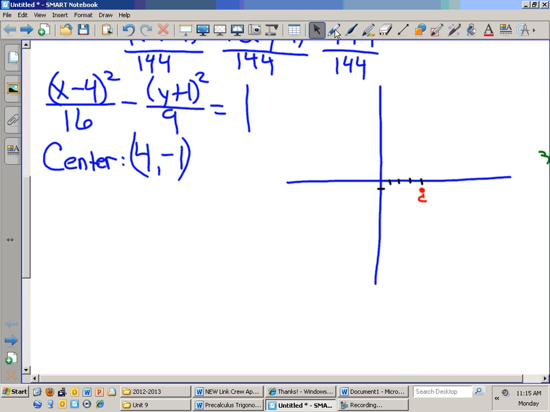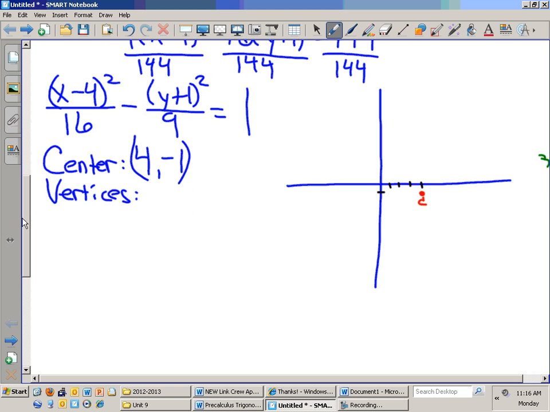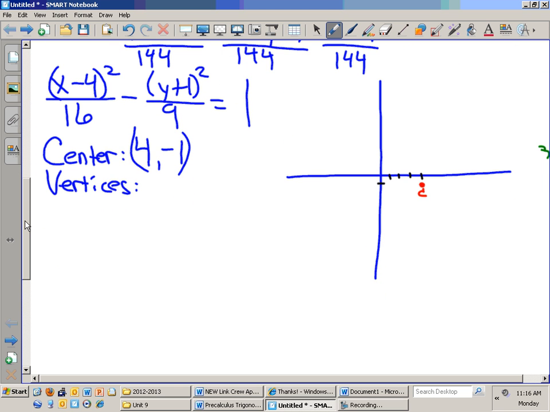Let's move on to vertices. Is this going to be a horizontal or a vertical hyperbola? Why is it horizontal? X squared is first. How many units will it be stretched horizontally? 4 units horizontally. So from my center, I move 4 units in each direction. So that would be 1 vertex right there. I move 4 more units.